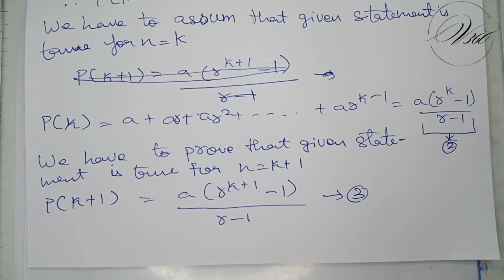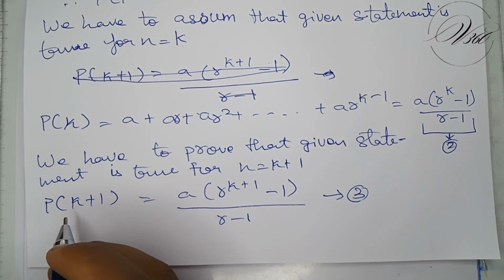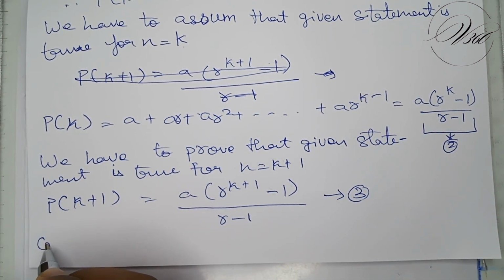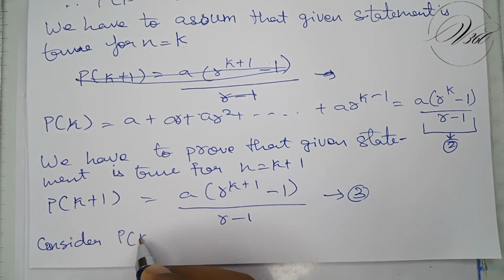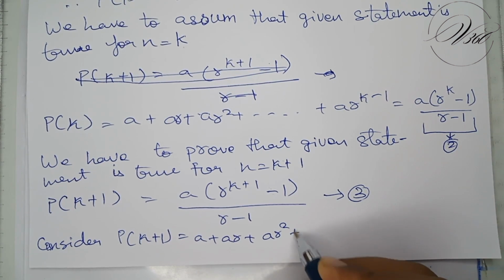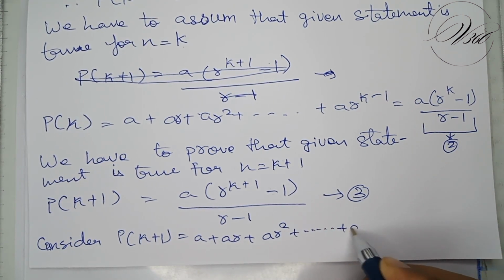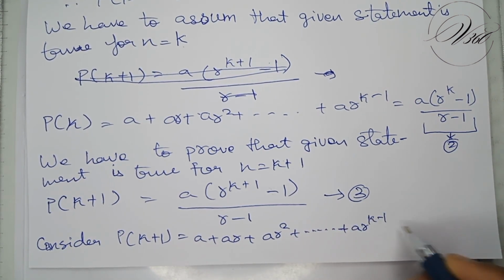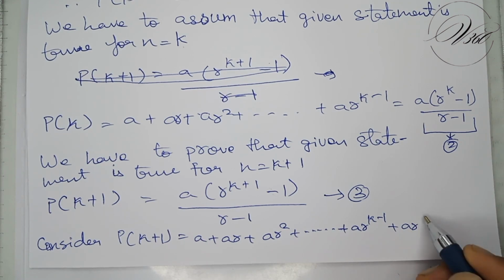The next step here is, let us consider P of k plus 1 is equal to a plus ar plus ar square plus until ar to the power k minus 1 plus ar to the power k.